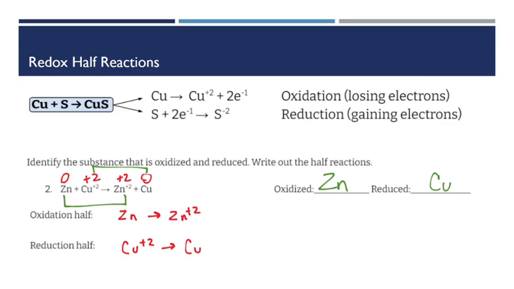And now we just need to add electrons, and these are still the simplest situations where these are actually equal. To go from 0 to +2, this zinc would have to lose 2 electrons. To go from +2 to 0, this copper would have to gain 2 electrons. So these are equal, which is good. It makes things simpler, but it's not always going to be quite that simple.